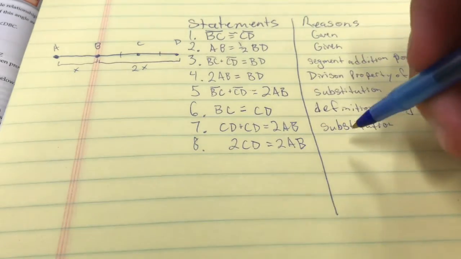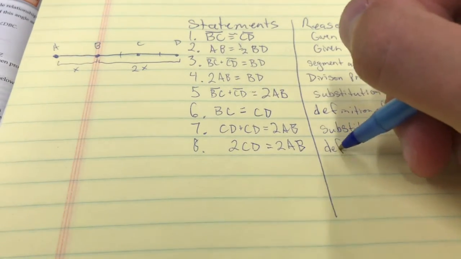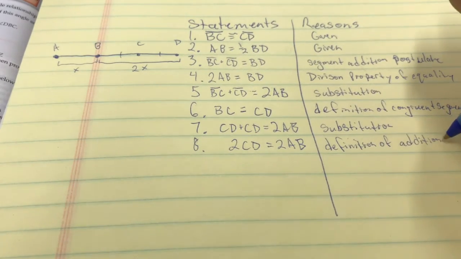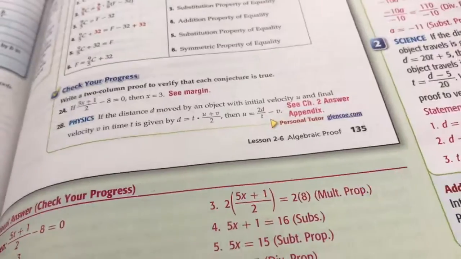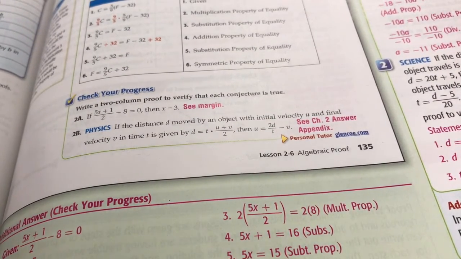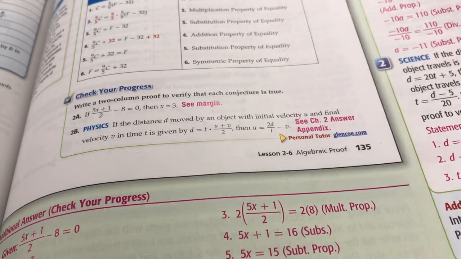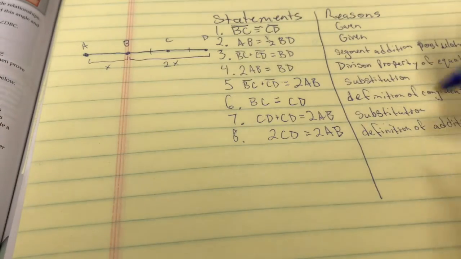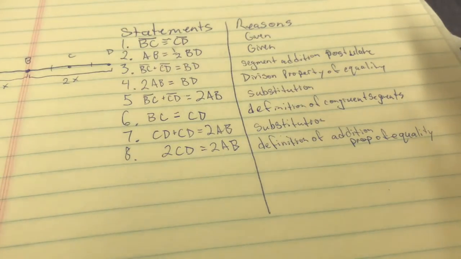So I got that right there, and I can say that that's the definition of addition slash multiplication, I think, maybe. Multiplication, subtraction. I'm going to just say addition property of equality, or prop of equality.